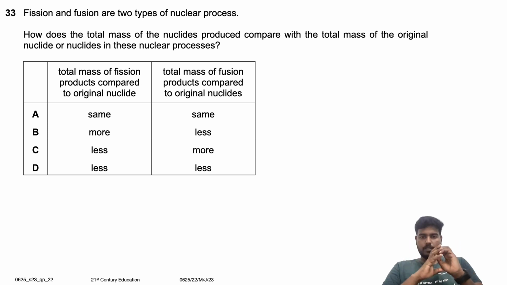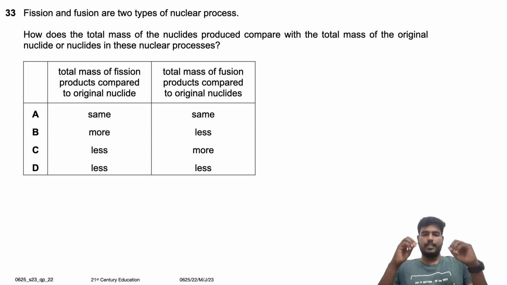The total mass of the two daughter nuclei combined will always be less than the original nucleus mass, because some of its mass is converted into energy. Similarly, in fusion, if we take two light nuclei and fuse them together to get one big nucleus, the big nucleus mass will be less than both of the nuclei combined. So in both cases it's less.